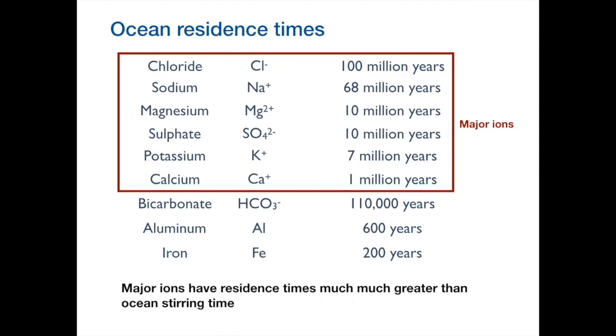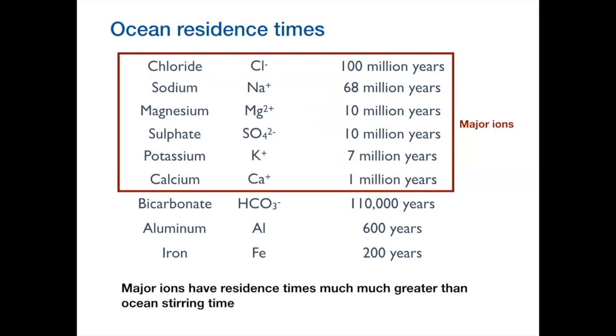But then we get to the 7th most common element in seawater, bicarbonate, and it has a residence time of about 1/10 of that, of 110,000 years. Bicarbonate is also biologically active, which means its concentrations vary depending on activity and depending on location.